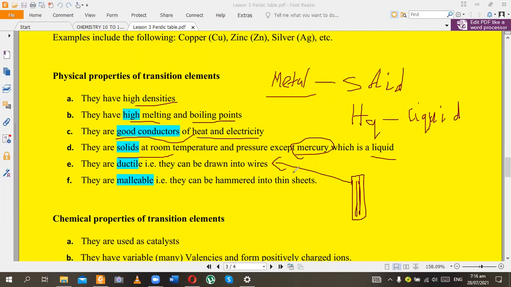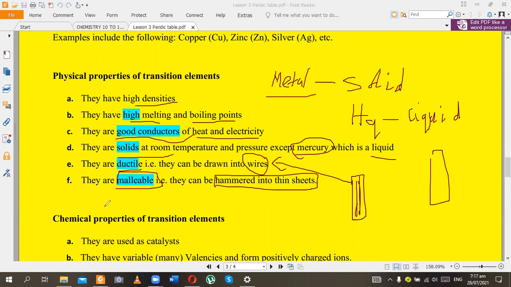Copper wires are very tiny, but what they get from the mining refinery plant is something big, but they are able to draw them into wires. Why? Because of ductility. The other one is malleable. Malleability is a physical property of metals that tells us that these metals can be drawn into small sheets. We've seen iron sheets, but you can also have a very big rod of iron, and we can get them into small sheets.